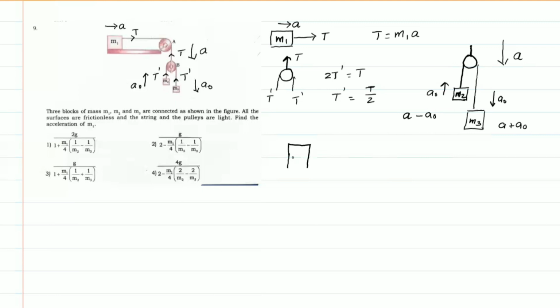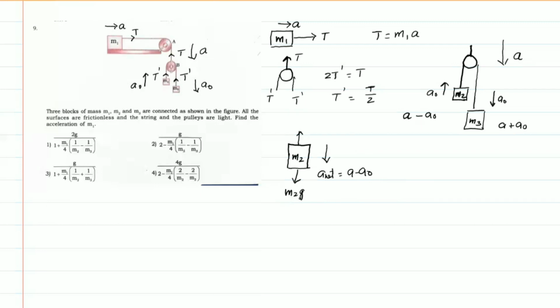Now I am going to draw the free body diagram for the m2 block. So upward is the tension and downward is the weight, that is m2 g. So the total acceleration is A. Yes or no? So here I am going to write A net. A net is equal to A minus a naught.